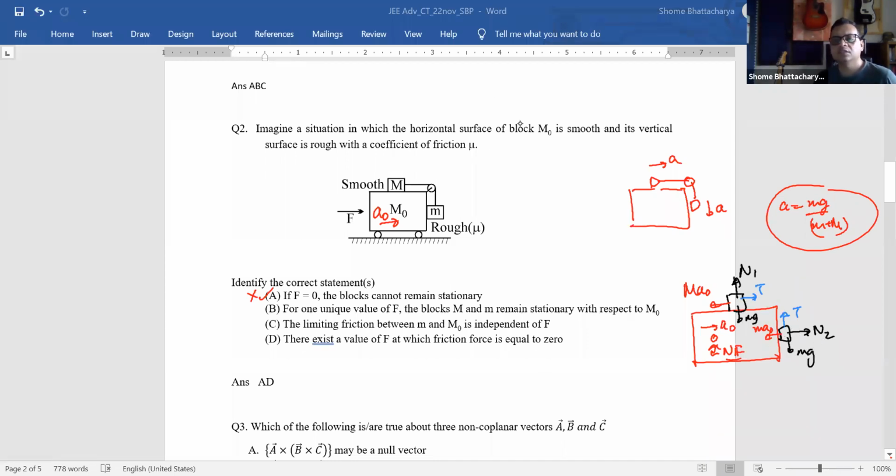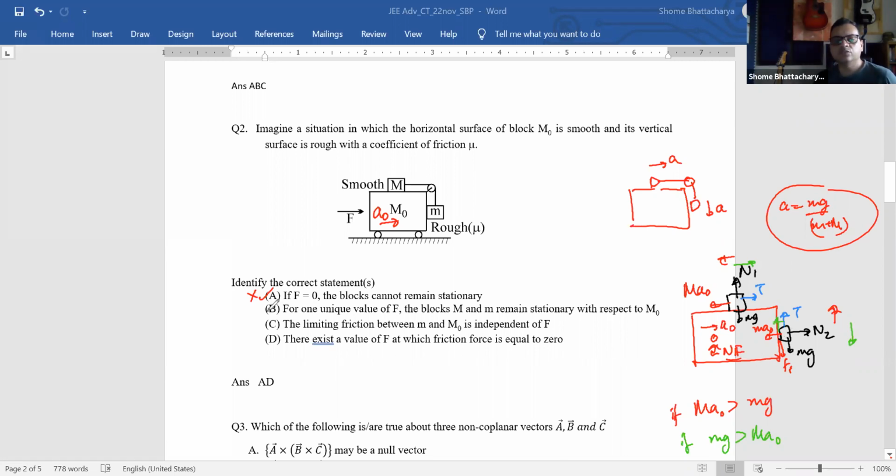So what we will understand here is that if capital M a naught dominates over small mg, then the tendency for slipping is like this. So friction will act down the inclined plane, I mean down the vertical. In this case, static friction will act like this. Whereas on the other hand, if mg is greater than M a naught, then the tendency for slipping is like this, so the friction on this will act like this.